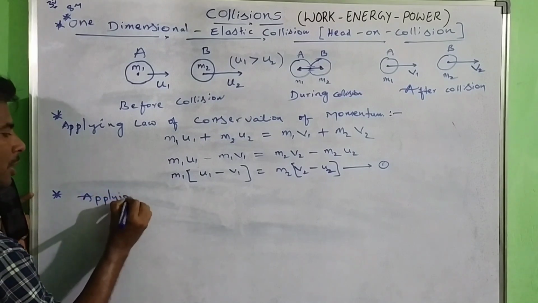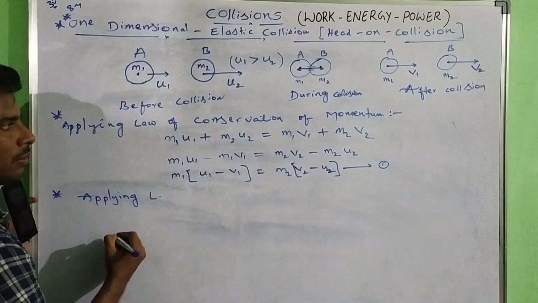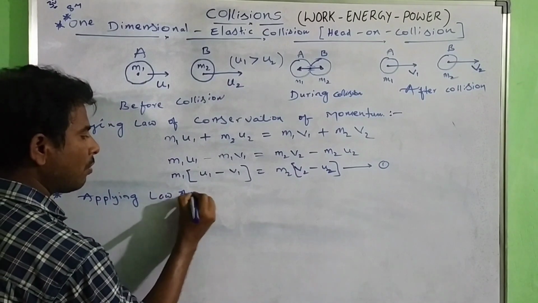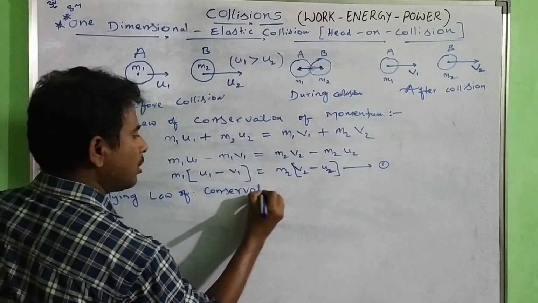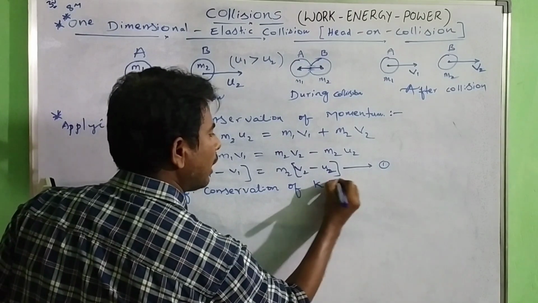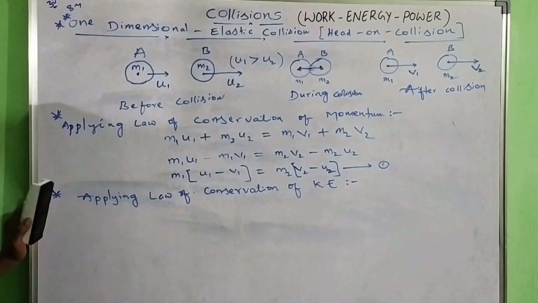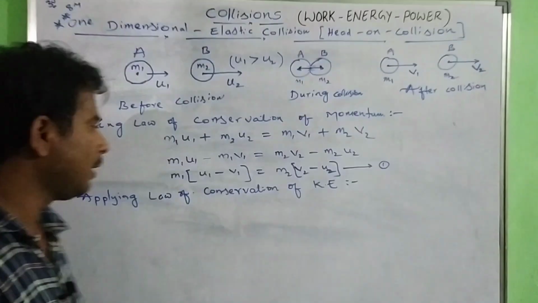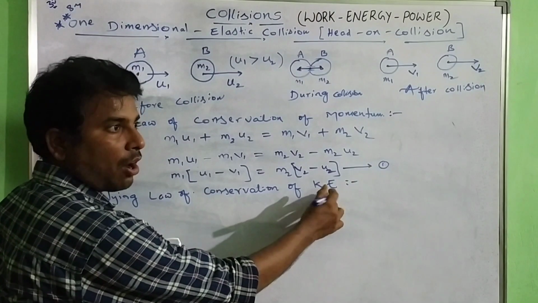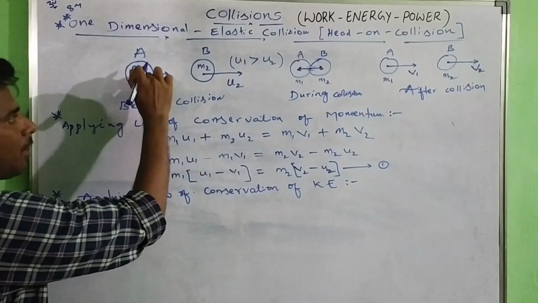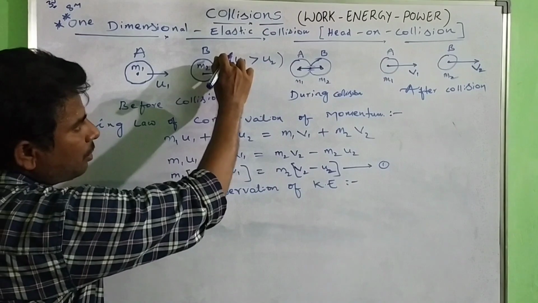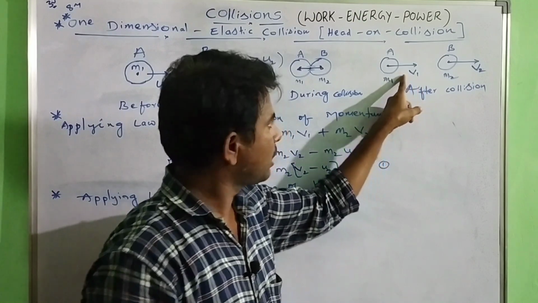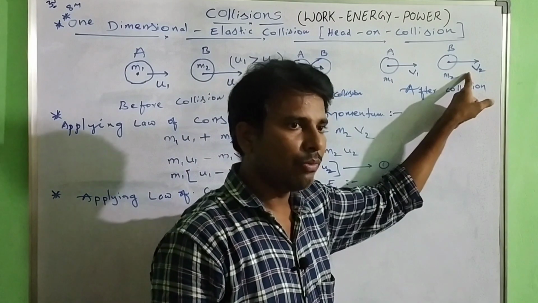For these two balls of masses m1 and m2, kinetic energy means half m v square. The first ball's kinetic energy is half m1 u1 square and the second body's is half m2 u2 square, and after collision the bodies' kinetic energies are half m1 v1 square and half m2 v2 square.